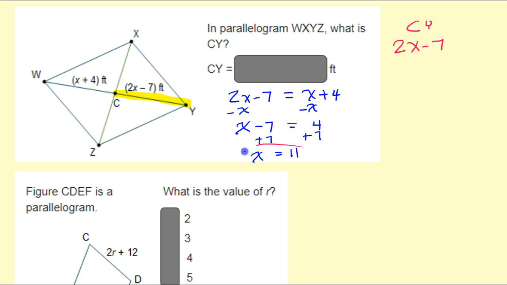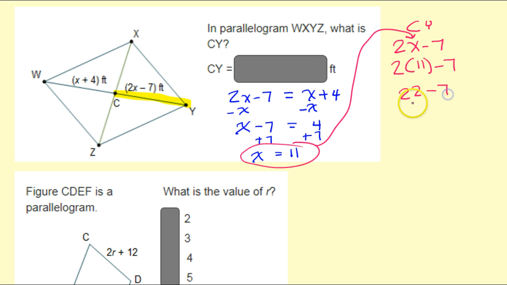But now we know that x is 11, so I can put the 11 in right here. That's 2 times 11 minus 7, so 22 minus 7, which is 15. That's why the answer is 15.